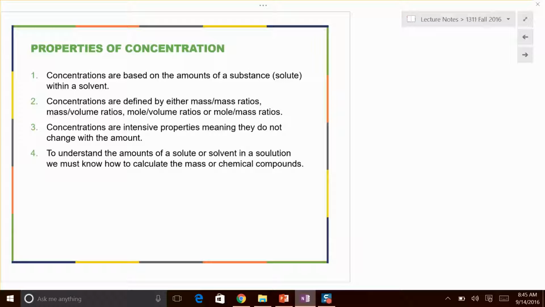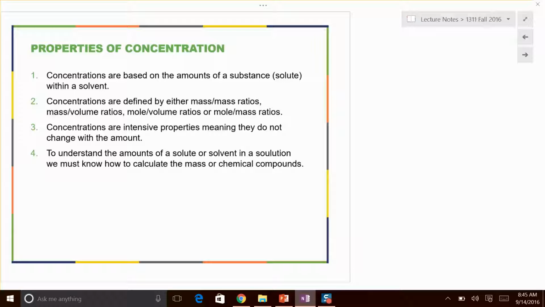And to understand the amounts of solute or solvent in a solution, we must know how to calculate the mass of these chemical compounds. So, if we're going to identify the concentration of a substance inside of this swimming pool, then we have to be able to calculate the mass of them, if we're going to do mass per mass ratios or mass per volume. Or we need to figure out how to find the moles.